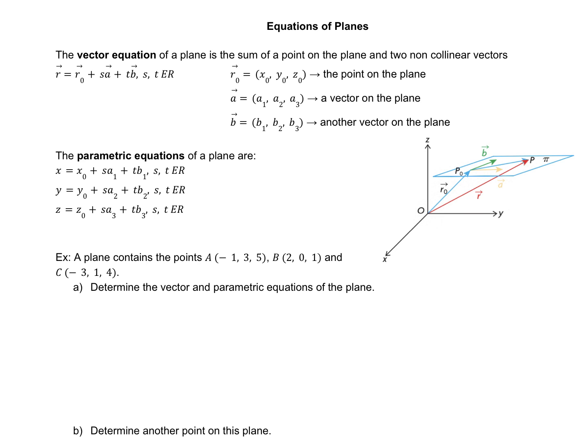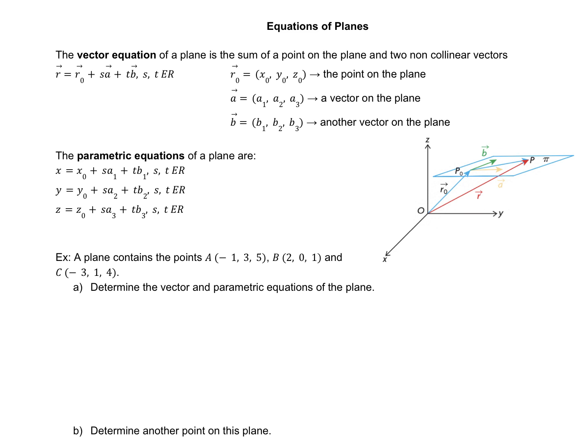And that resultant will represent 1 point on the plane. But as you modify the lengths of vectors A and B, you'll be able to get every single point on that plane. And then if you take this equation and break it down into the x, y, z components, you'll get your parametric equations.